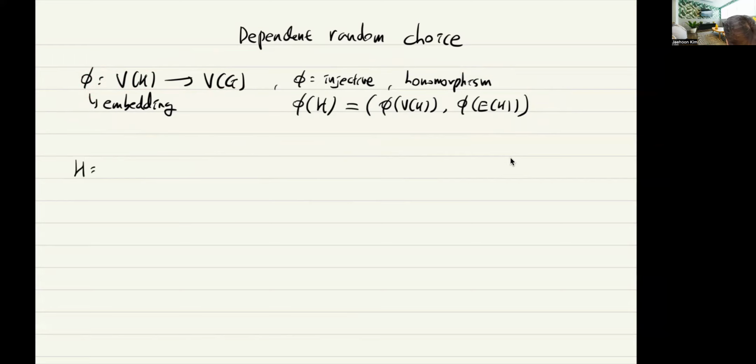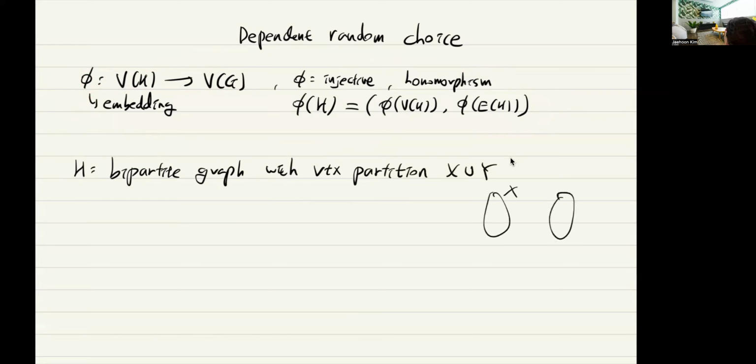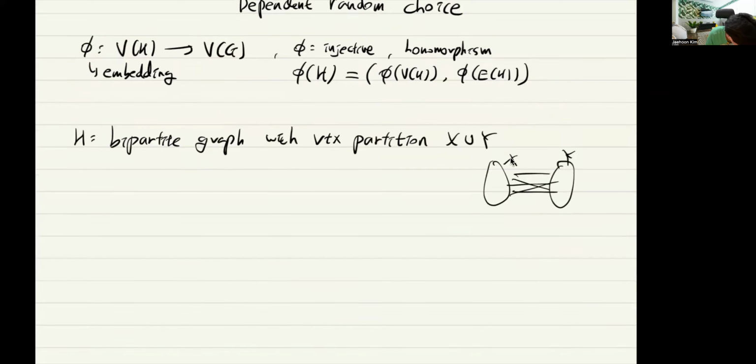Let's consider H to be a bipartite graph with a vertex partition X and Y. You have X and you have Y. All the edges are between them.